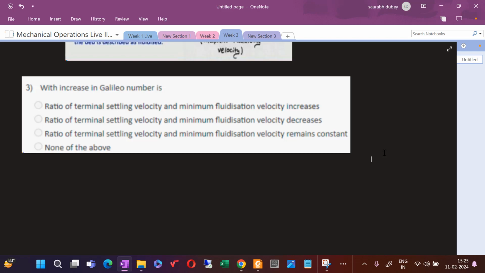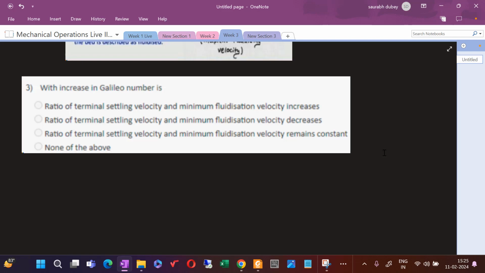The ratio of the terminal settling velocity and the minimum fluidization velocity increases; decreases; remains constant; or none of the above.